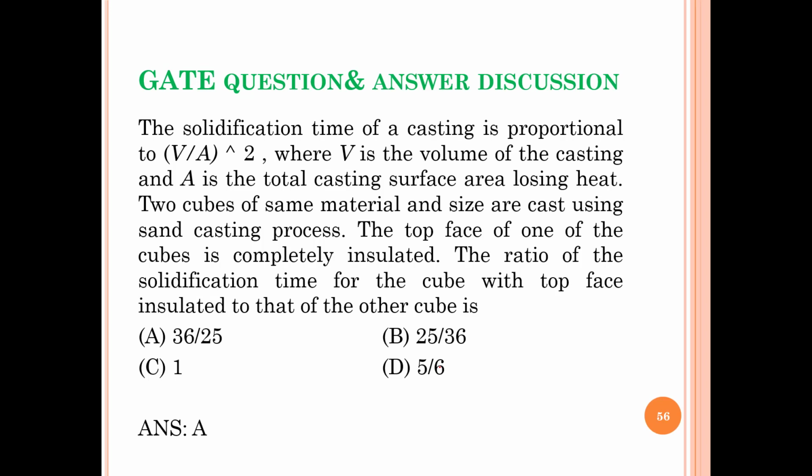Here one cube has one face insulated, the other cube is not insulated. So based upon that we have to calculate the ratio of solidification time. Now we will see the solution.